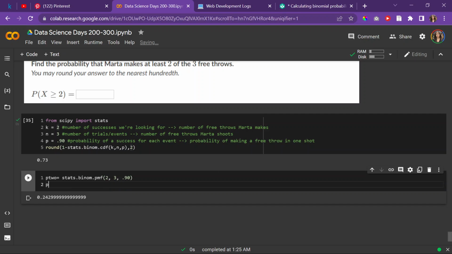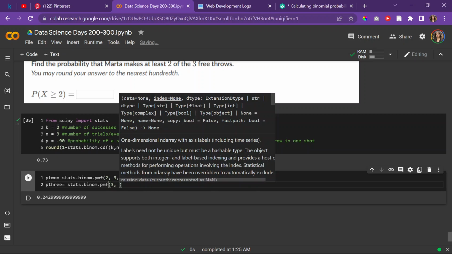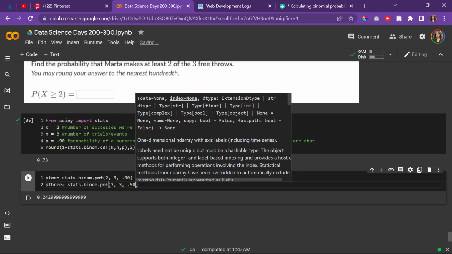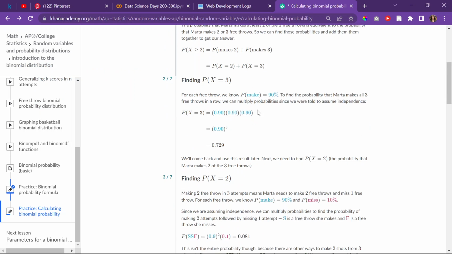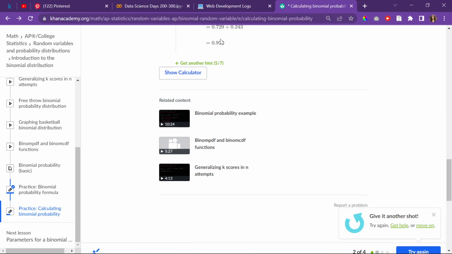And then the probability of 3 would be stats.binom.pmf with 3, 3, 0.90. And so then I would do P of 2 plus P of 3, and it would give me 0.972. If I round, it's just 0.97.